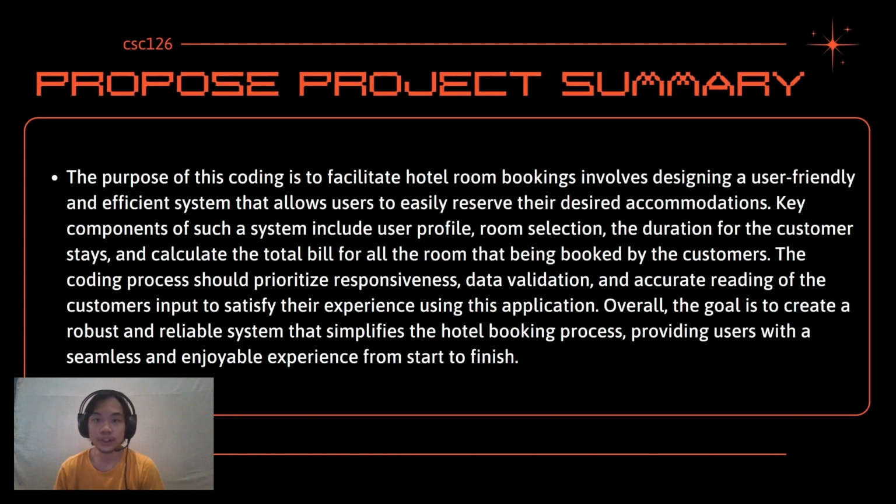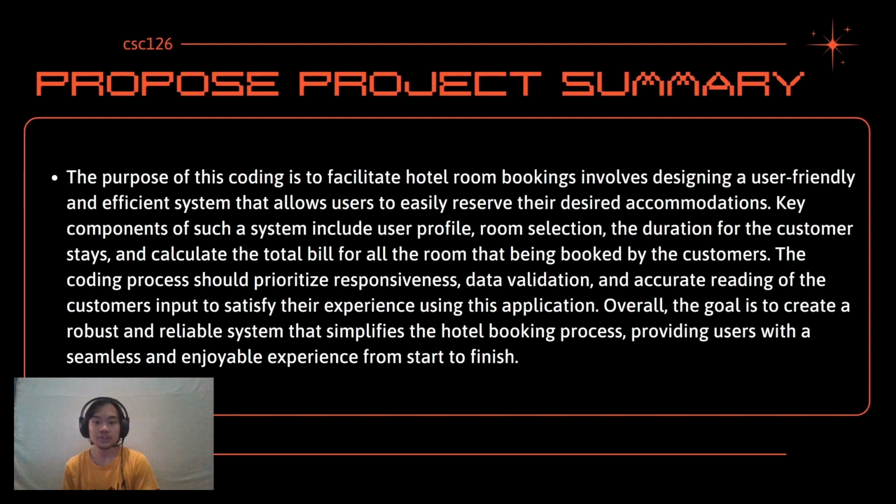The purpose of this coding is to facilitate hotel room bookings, which involves designing a user-friendly and efficient system that allows users to easily reserve their desired accommodations. Key components of such a system include user-friendly room selection, the duration of the customer's stay, and calculating the total bill for all the rooms booked by the customers.